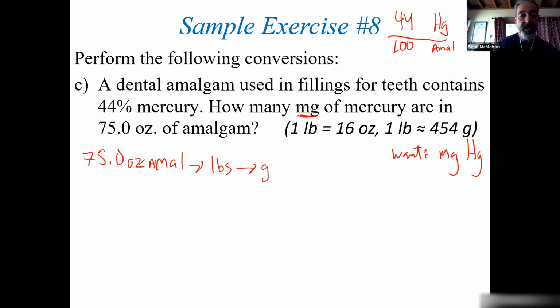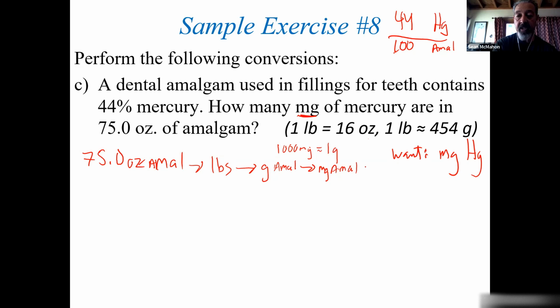And now this is going to be grams of amalgam, right? Then I can go to milligrams of amalgam, right? Because there's 1,000 milligrams in 1 gram of amalgam.